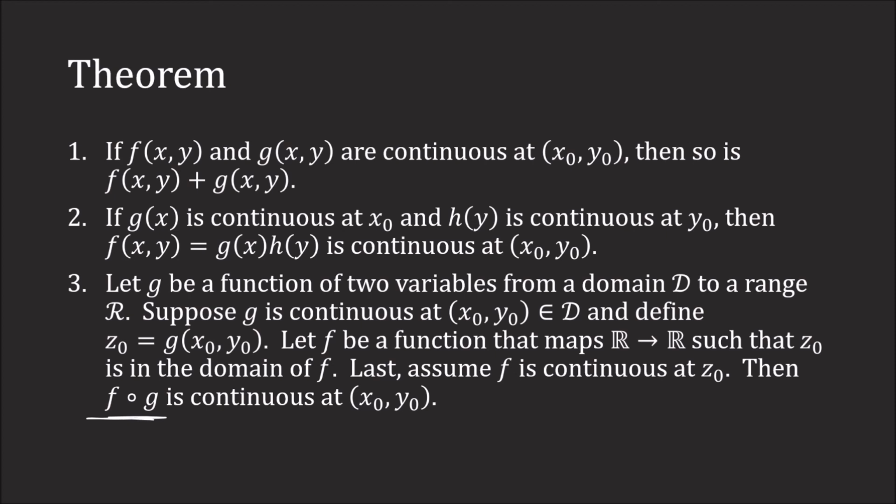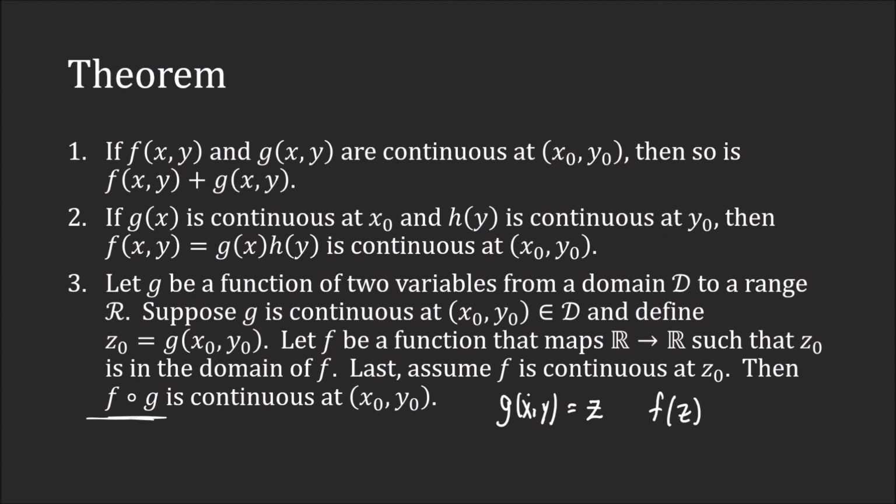Now this has to work a little bit differently. Right, so in this case, f of g makes sense, because g of x, y is going to give you a single value. And since f is a single variate function, f of z makes sense.